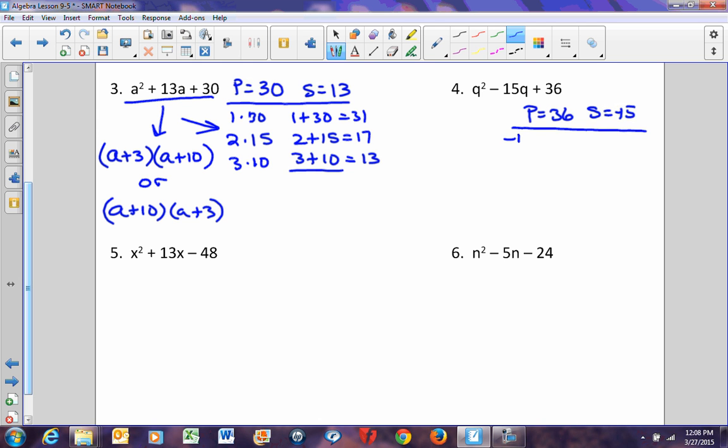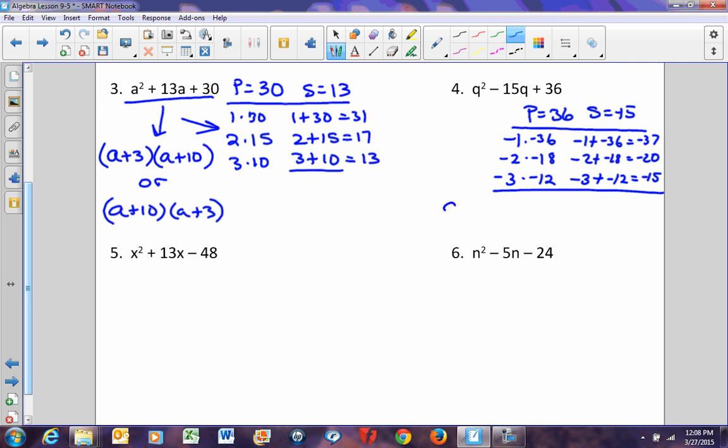So negative 1 times negative 36, negative 1 plus negative 36 is negative 37, that's not too close. Negative 2 times negative 18, negative 2 plus negative 18 is negative 20, getting closer. Negative 3 times negative 12, negative 3 plus negative 12 is negative 15. Aha, there's my number right there.